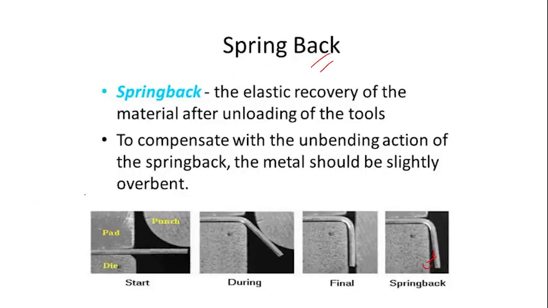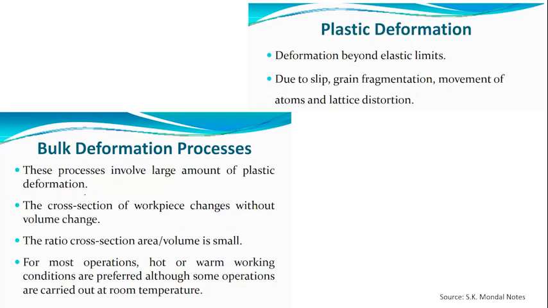Now the spring back effect. So this is all what we discussed till now. Deformation beyond the elastic limit is plastic deformation. And how does it happen? It happens due to slip, fragmented grains, and movement of atoms and lattice.